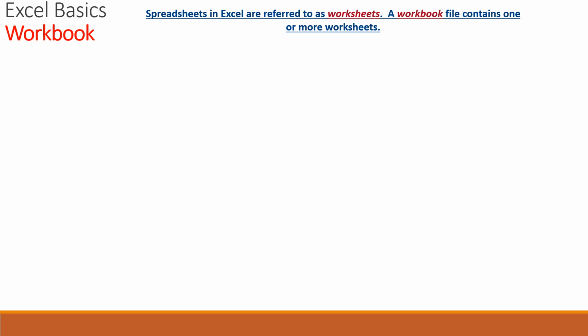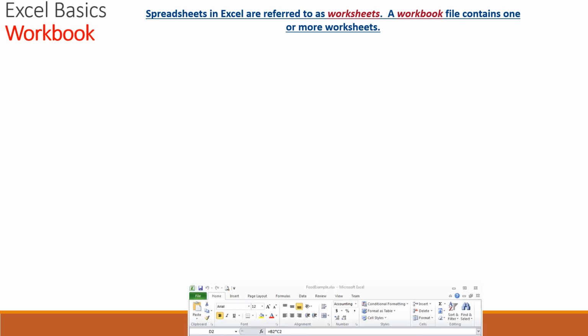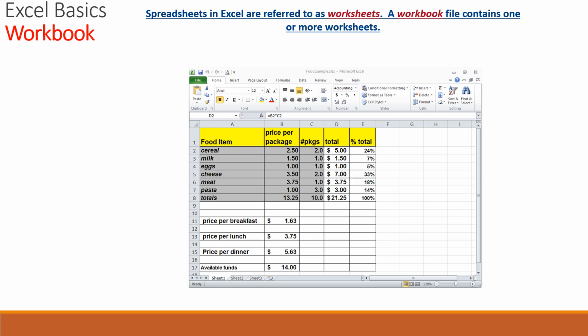Now, apart from the worksheet, we also have what is called an Excel workbook. An Excel workbook is an Excel file that contains one or more Excel worksheets. Here is a typical Excel workbook which contains several Excel sheets that are numbered sheet 1, sheet 2, sheet 3.